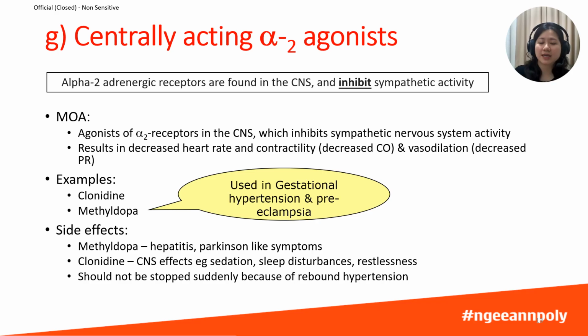Clonidine can cause CNS side effects such as sedation, sleep disturbances, and restlessness. These drugs should not be stopped suddenly because they can cause rebound hypertension. That is, when they are stopped, the hypertension suddenly comes back and the blood pressure will be very high.